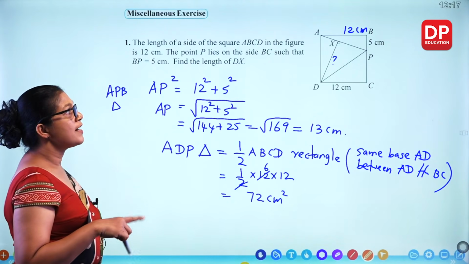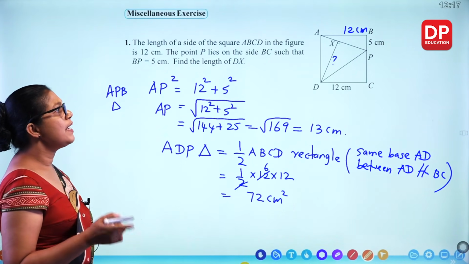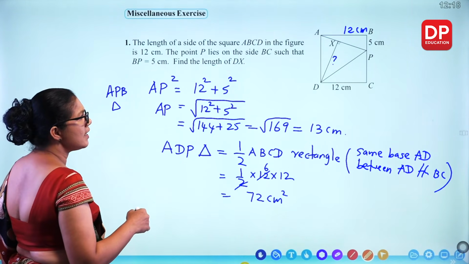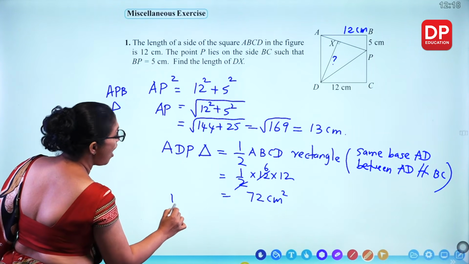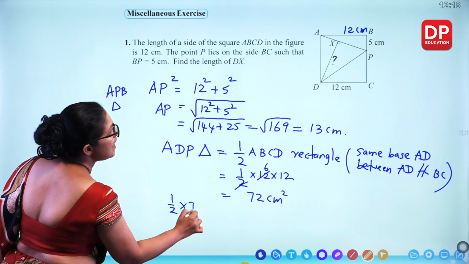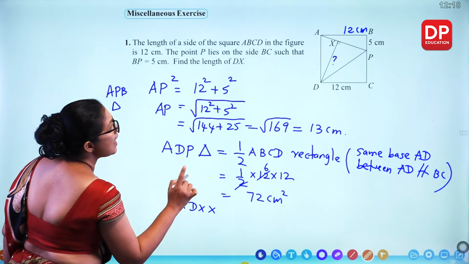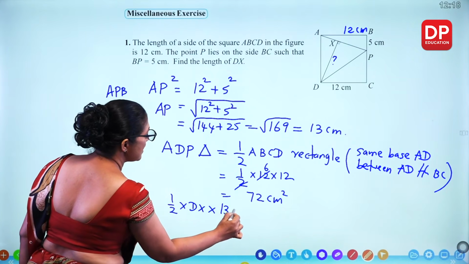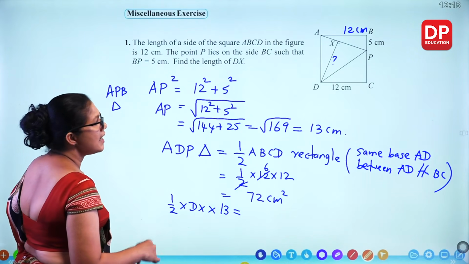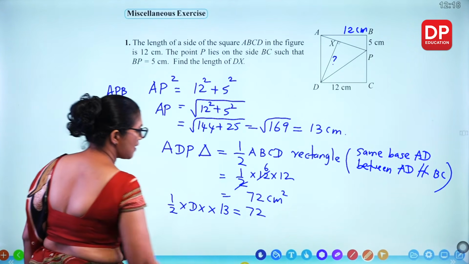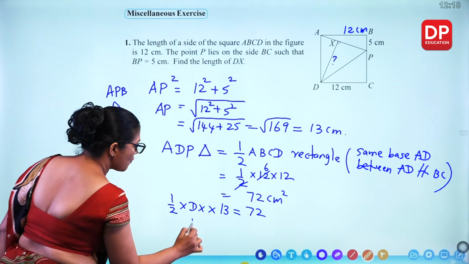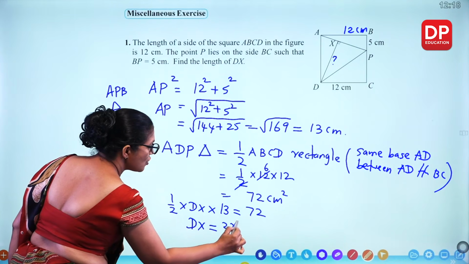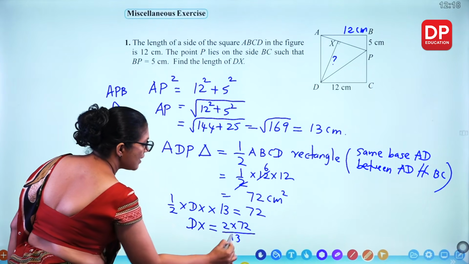How can we find out the area of ADP using DX length? DX is the perpendicular height. So half times DX times AP. AP we found out, that's 13. That's equal to the area of the triangle, that's 72. Now try to find out DX. DX is 2 times 72 divided by 13.